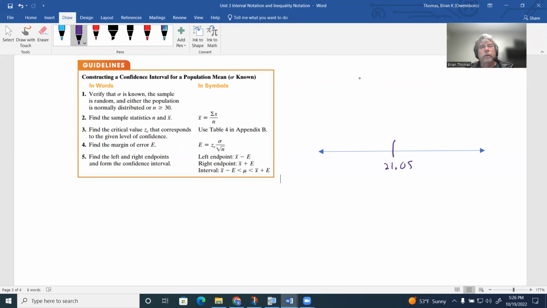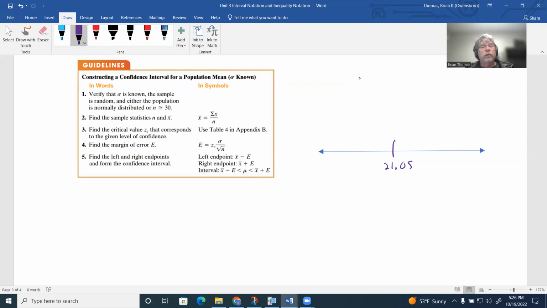So first off, the standard deviation has to be known. The population has to also be normally distributed, or the sample size has got to be greater than 30. So we passed that test. We need to find the mean for the sample, which we did. That's x bar.